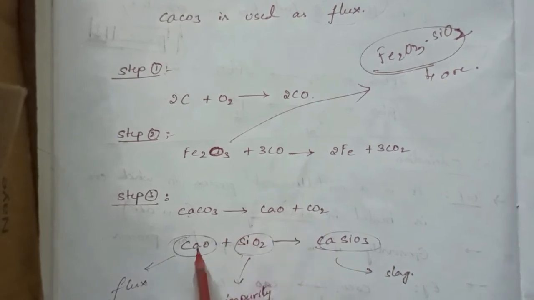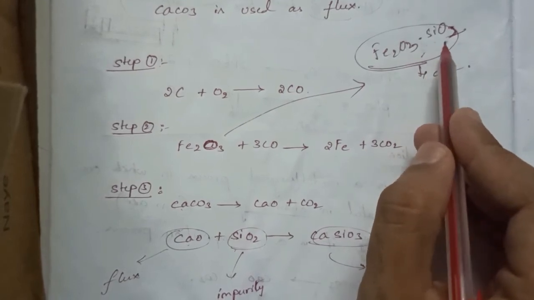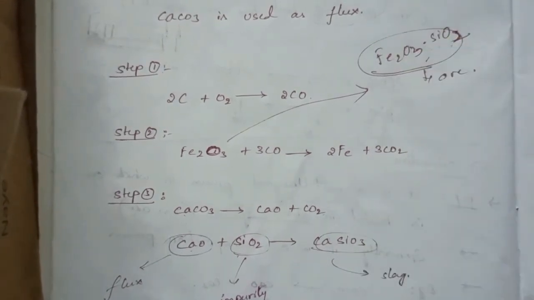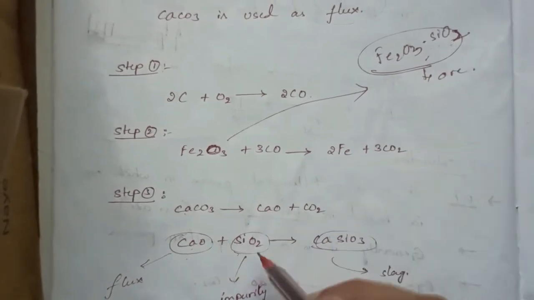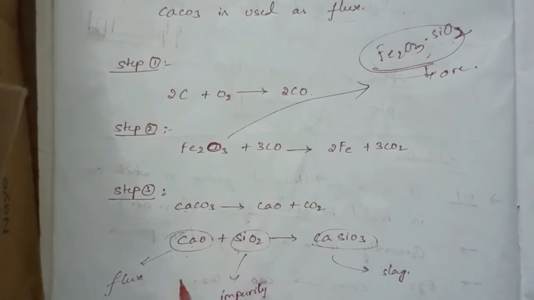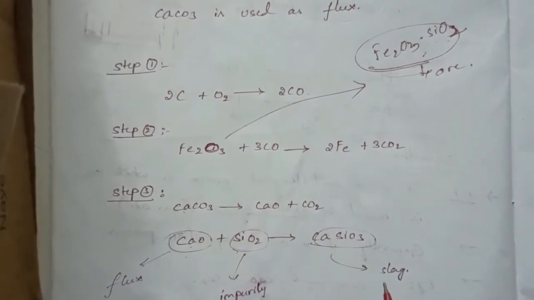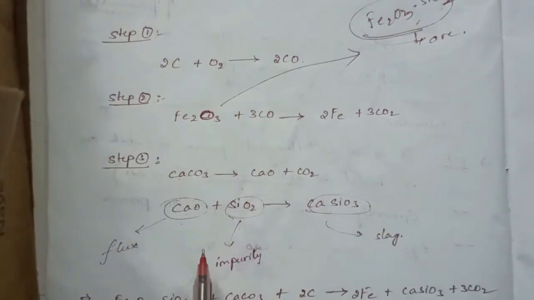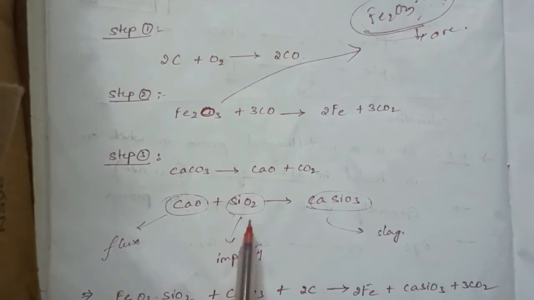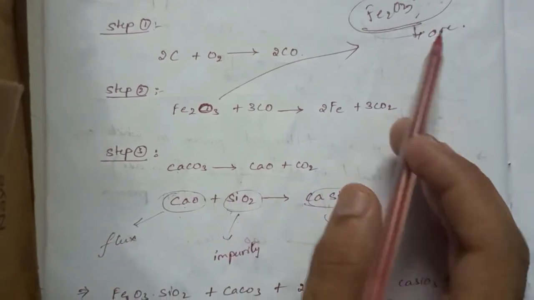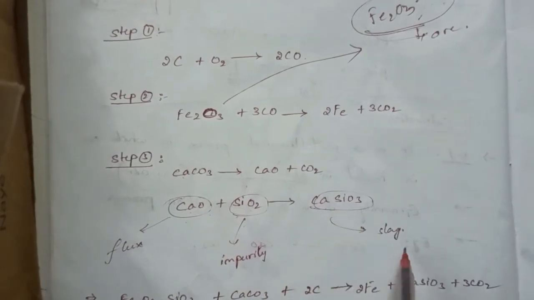This calcium oxide is attracted to the silicon oxide SiO2 and takes it out from the ore, fusing to form CaSiO3. In this reaction, calcium oxide CaO acts as a flux and SiO2 is our impurity in the ore, and they both combine to give CaSiO3 as slag.